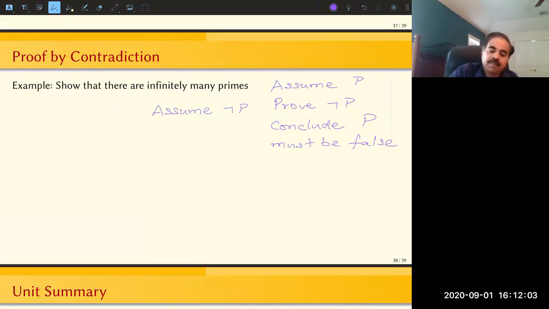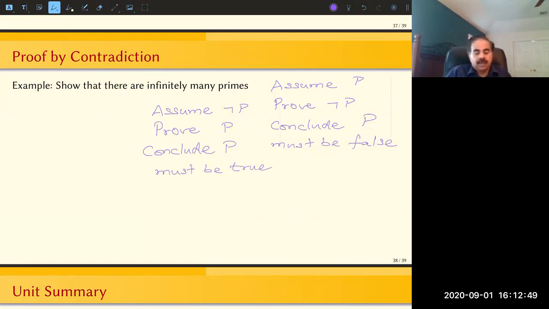So you assume not P, and then you prove P, and then you conclude P must be true.